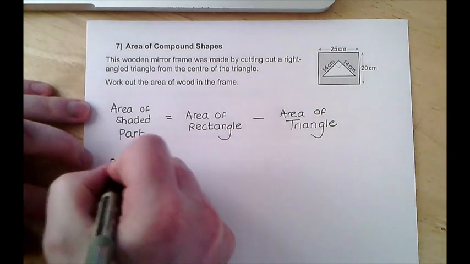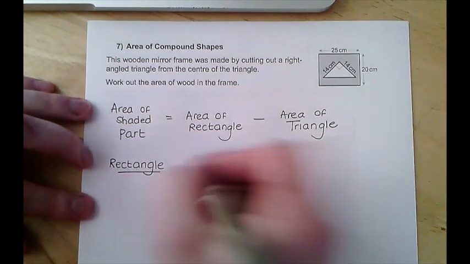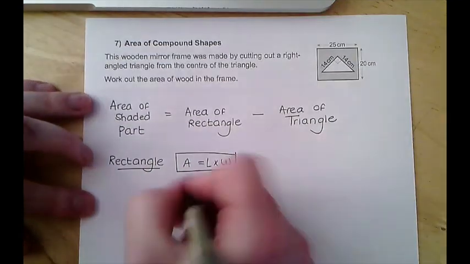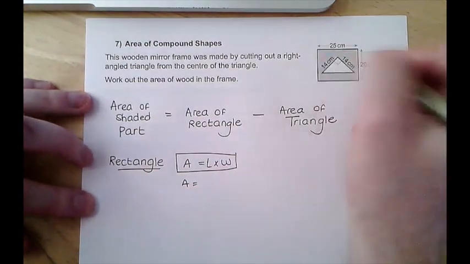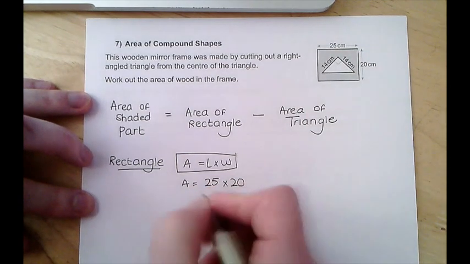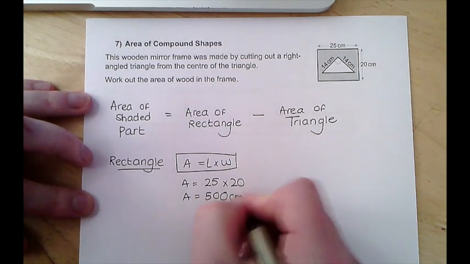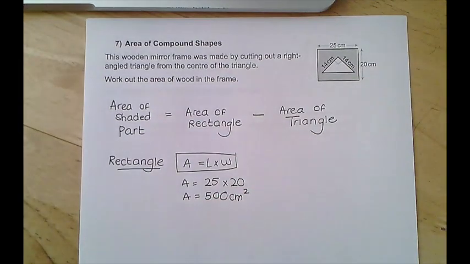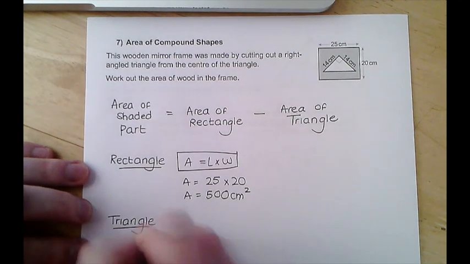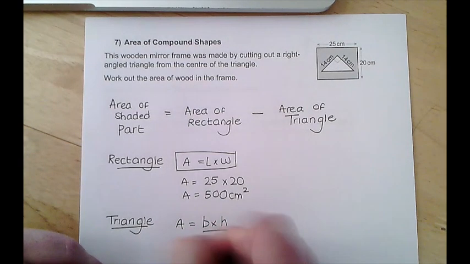So if we look at the rectangle, area is length times width. So the length is 25, width is 20. So that gives me an area of 500 centimetres squared. The triangle area is base times by height divided by 2.